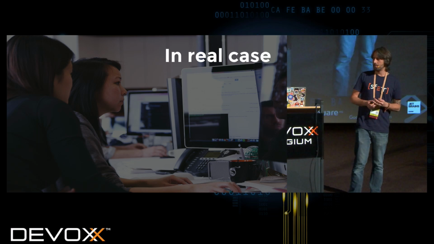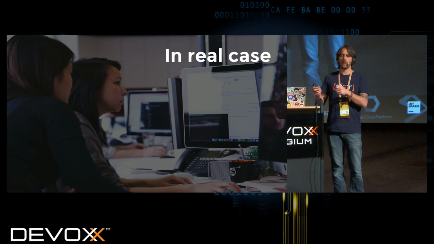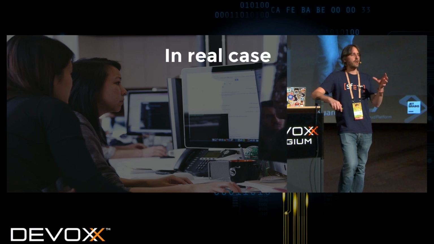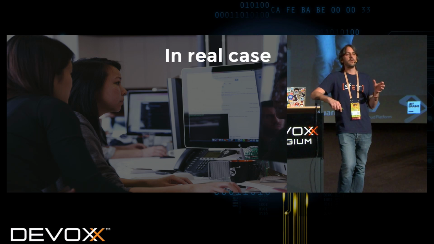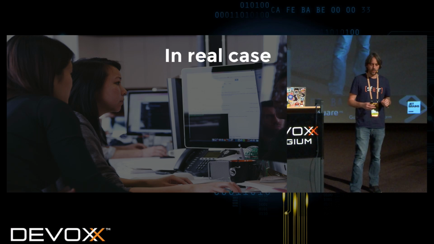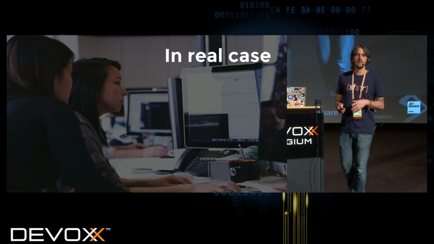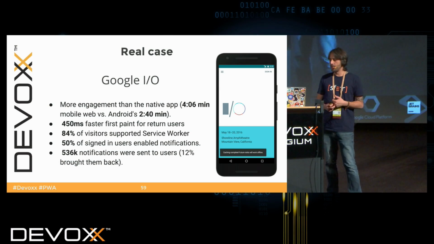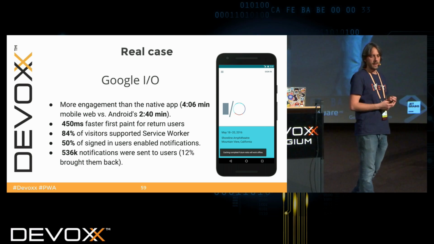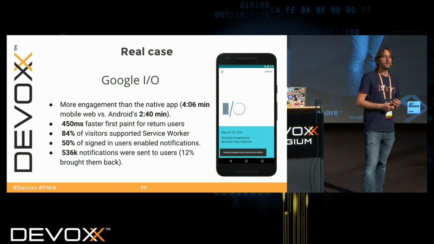We showed you some theoretical concepts, but we want to show you some real cases where progressive web apps are used in production. We try to show you different kinds of examples from real life. The first one was this summer at Google I/O.